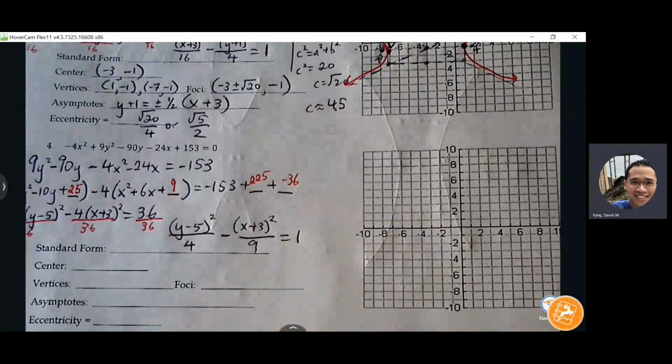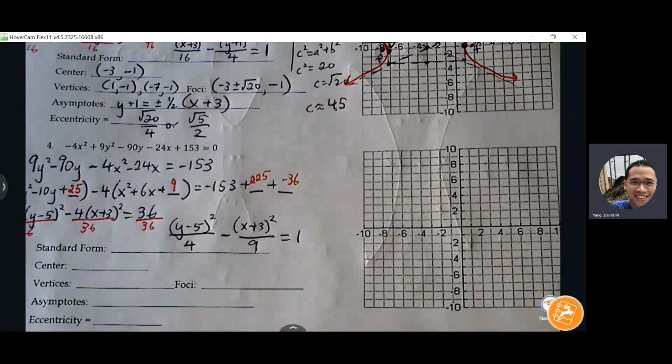Let's go ahead and fill this one out as well, because I do want to make sure that we're comfortable with the horizontal transverse axis versus the vertical transverse axis. So yeah, let's do number 4, filling everything in as well.